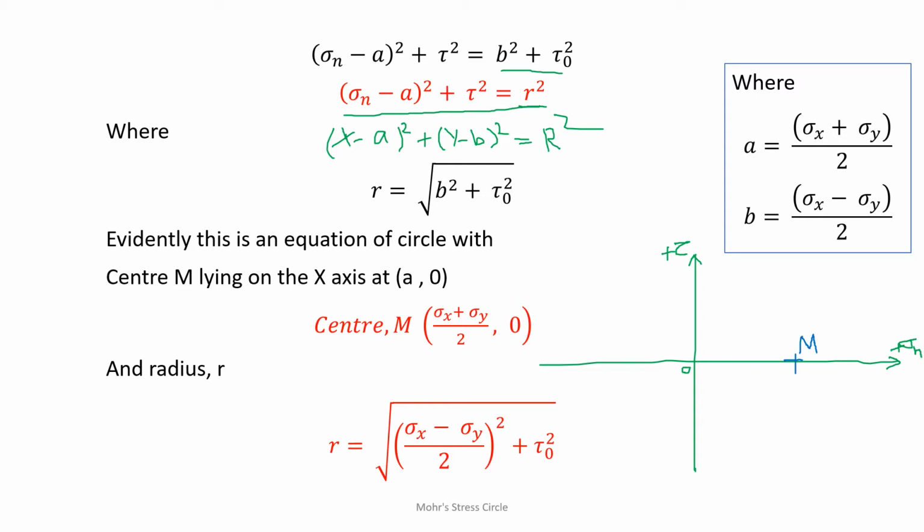We know the radius. At that radius, here I am drawing a rough circle. You make a circle with that radius r. So this blue circle is the Mohr's circle or Mohr's stress circle. This is Mohr's circle.